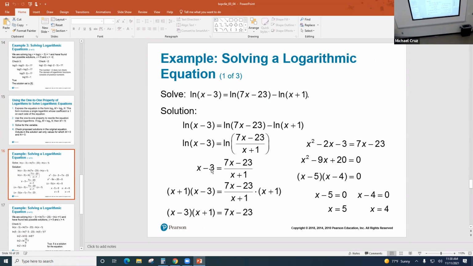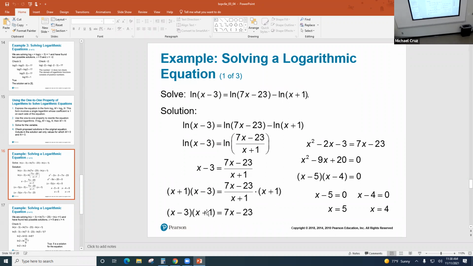This is a rational equation, and generally the way you solve those is to multiply both sides by the least common denominator, which is x plus 1. On the right side, the denominator goes away and you just have 7x minus 23. On the left, it's x plus 1 times x minus 3, which means FOILing that out and collecting like terms, and we're going to have another quadratic.